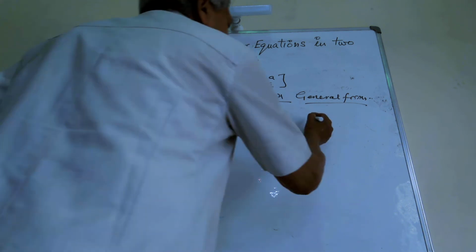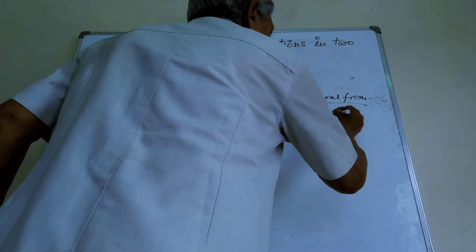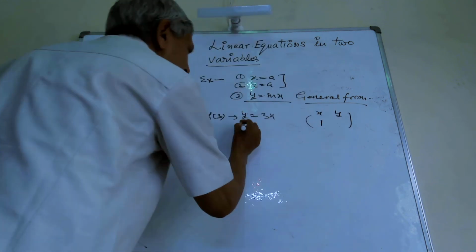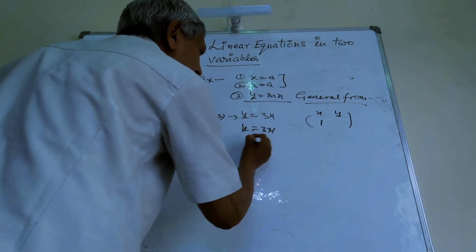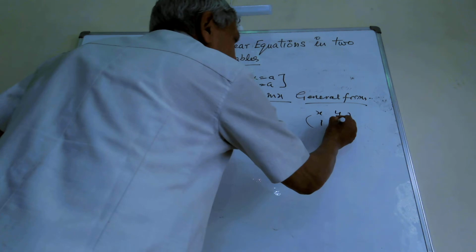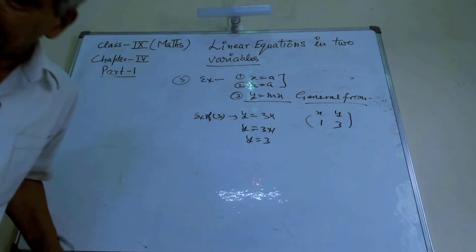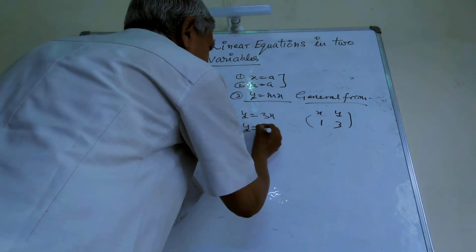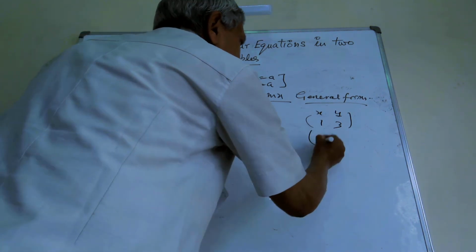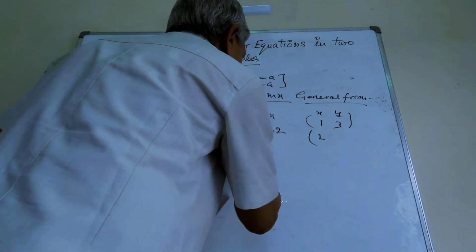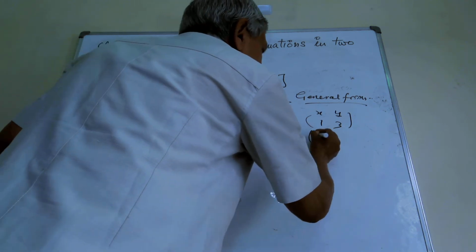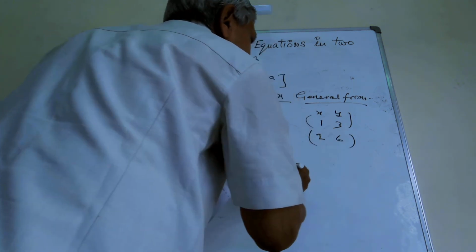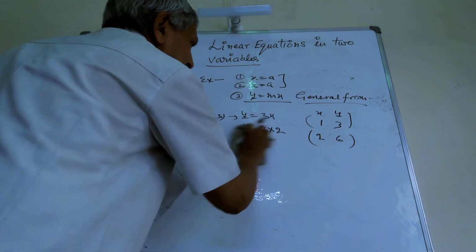Now take the points x and y. Take x is equal to 1, y is equal to 3 into 1, y is equal to 3. Take x is equal to 2, y is equal to 3 into 2, y is equal to 6. Now another point.